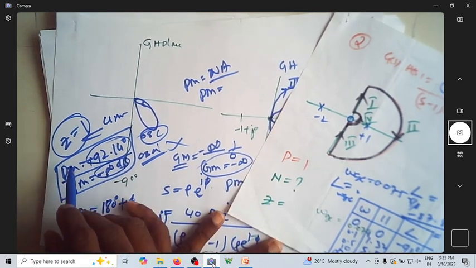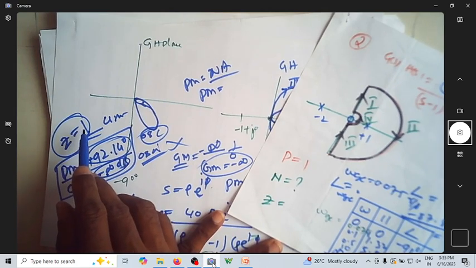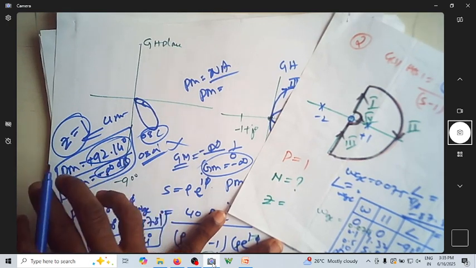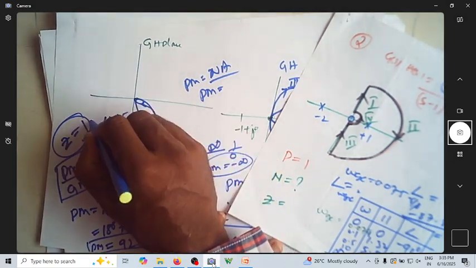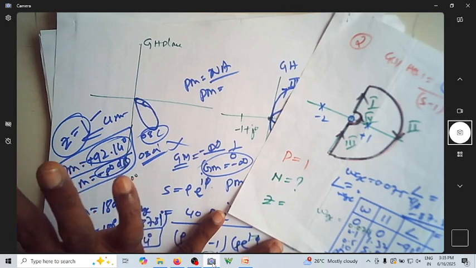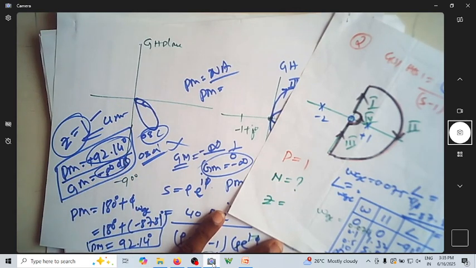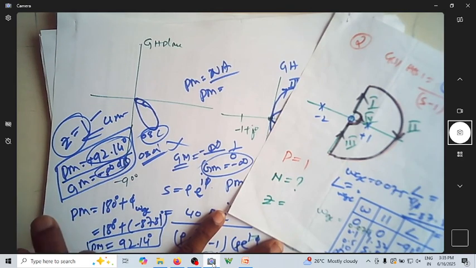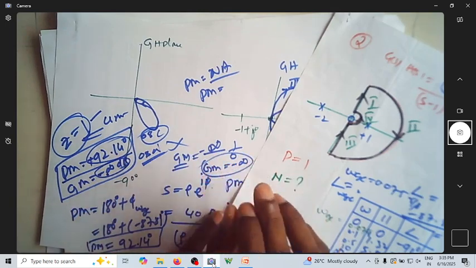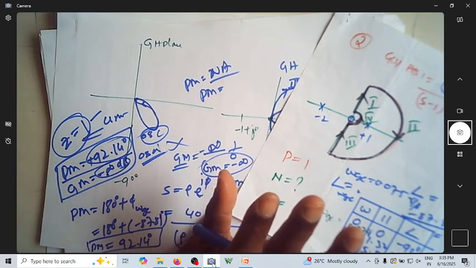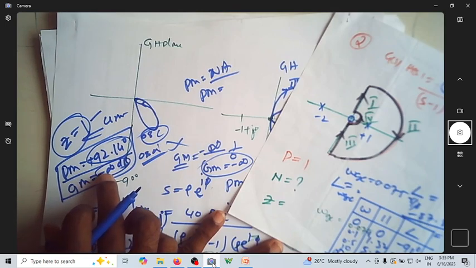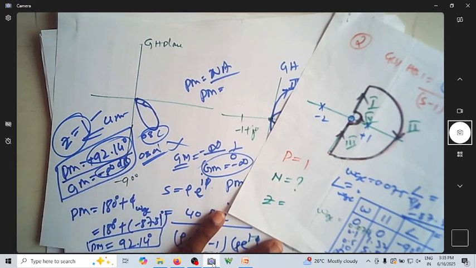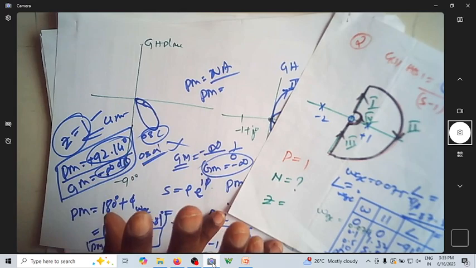Again, let me repeat. What do you mean by Z equal to 1? It is the number of closed loop poles on the right hand side. Since it is one, the system is unstable. Gain margin and phase margin indicate when the system will oscillate. Gain margin of minus infinite dB means that if you reduce the gain by whatever amount, it will never oscillate.